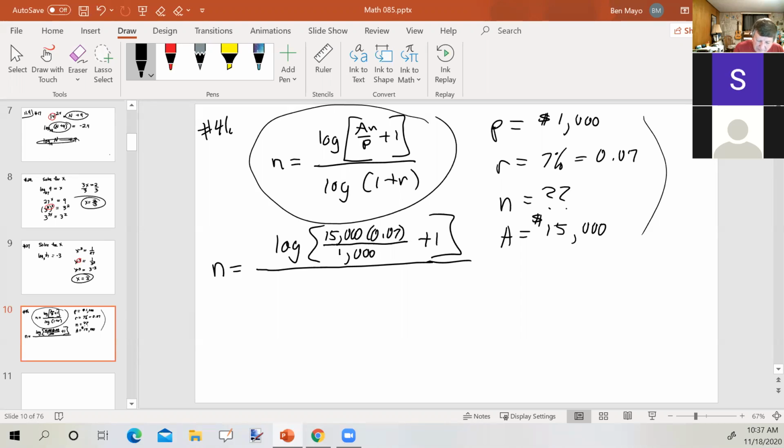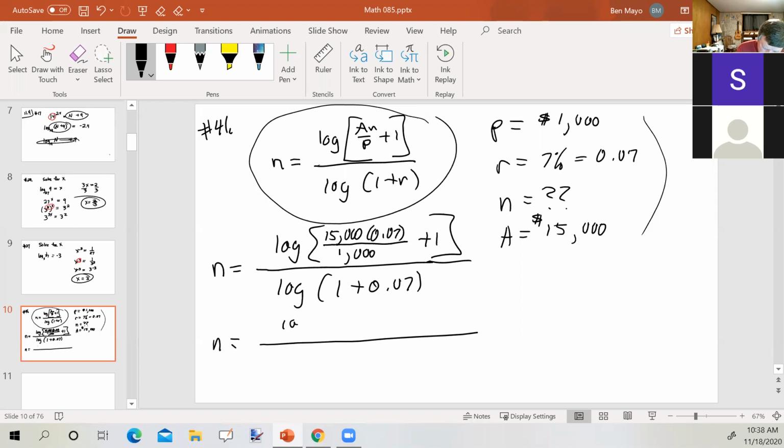And then in the denominator, log of 1 plus 0.07. Okay, I can plug this all into my calculator all at once, or I can simplify things along the way. It looks like the numbers would be kind of nice, so I think I'm going to simplify it.